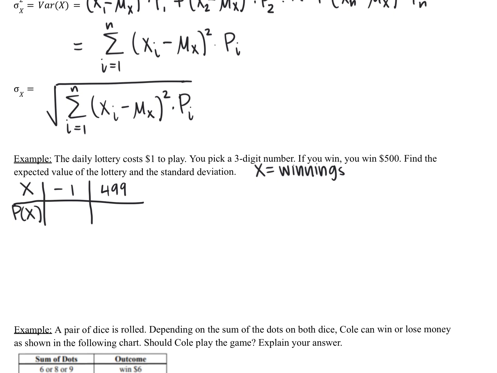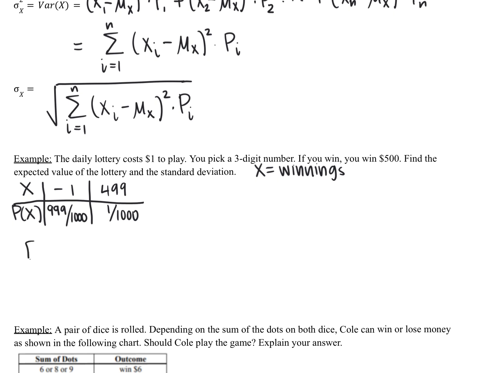If we're dealing with a 3-digit number, we're dealing with any number between 0 and 999, of which there are 1,000 numbers. So the probability you lose, since there's only one winning ticket, is 999 out of 1,000. And the probability you win is 1 out of 1,000. Those are your only two probabilities.